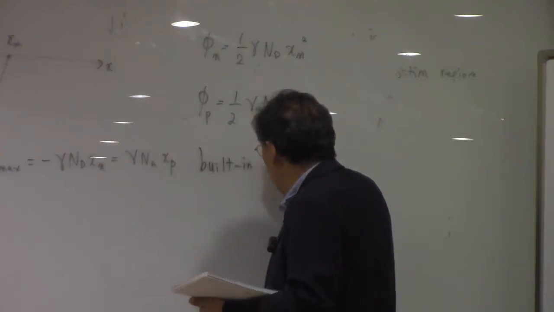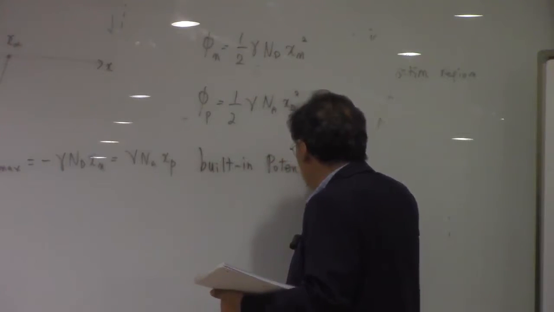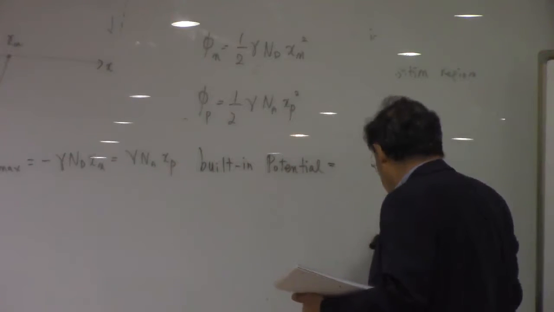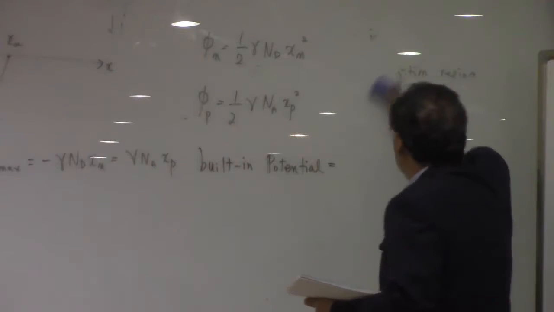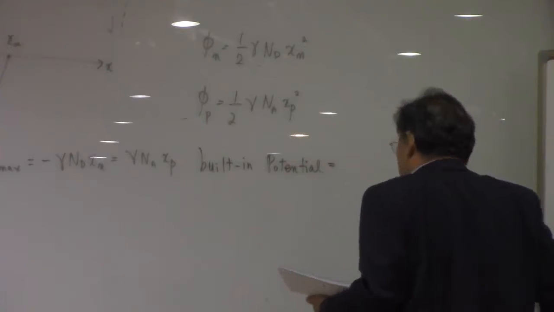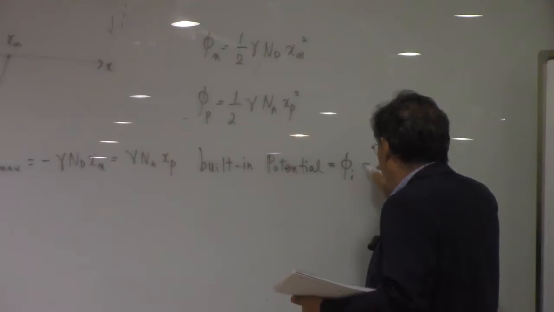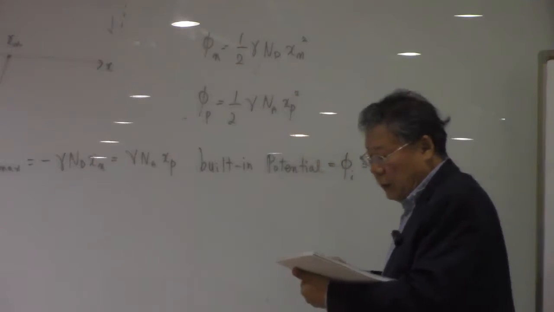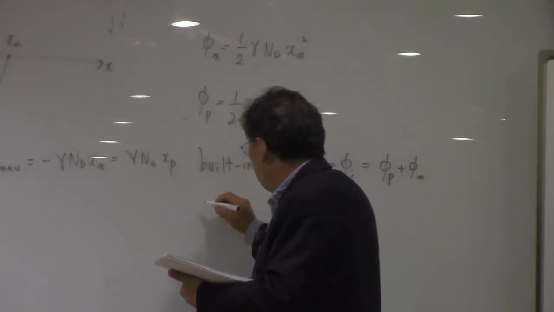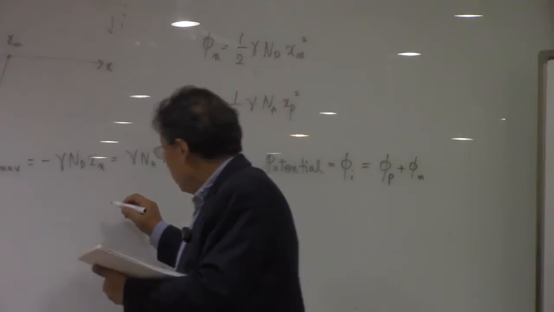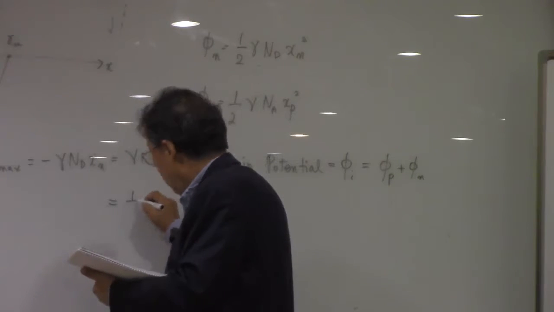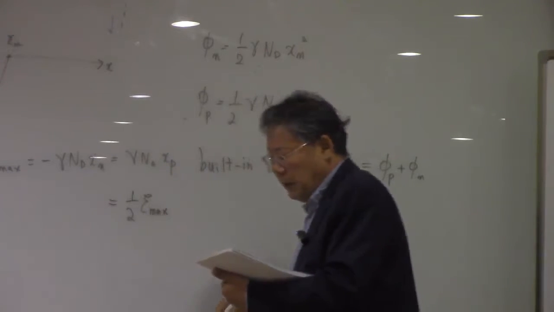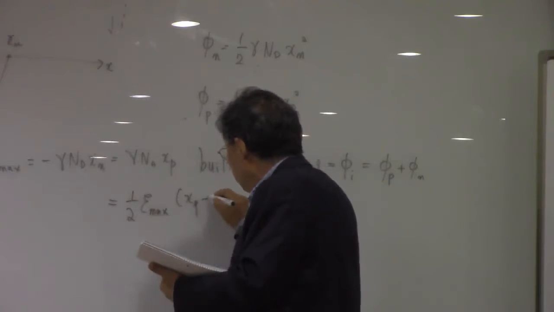And the built-in potential in this junction, the most important thing to characterize the electrical properties of these junctions, is phi i, which is going to be phi p plus phi n. You just simply add those two, and that can be expressed in terms of the maximum electric field times (xp plus xn).